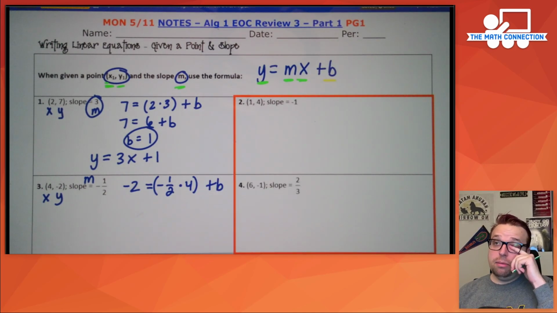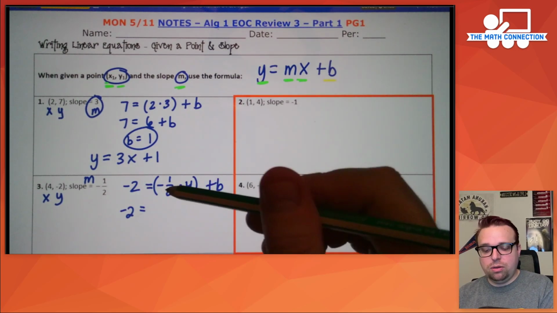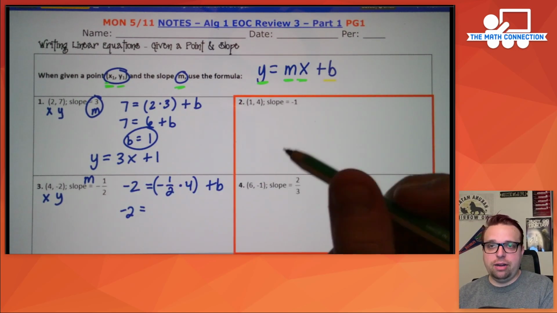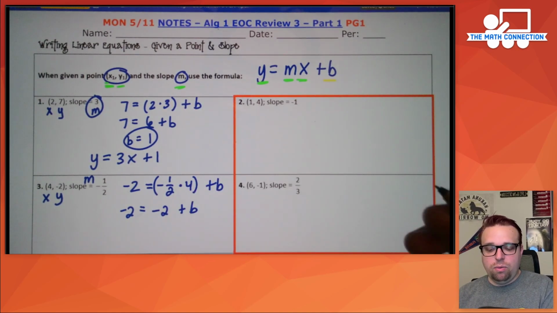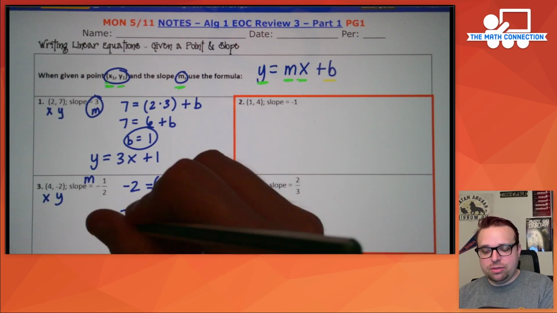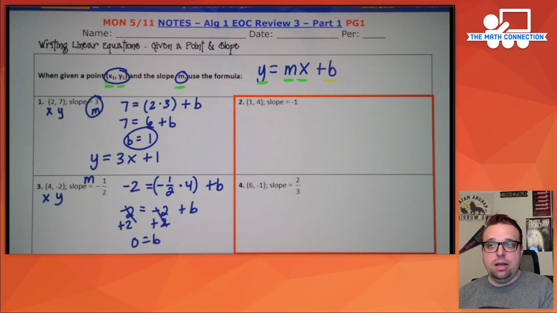Half of 4 is 2, and since it's negative, that's negative 2 plus b. If I add 2 to both sides to cancel this out, I get 0 equals b. So this line crosses the y-axis at 0.